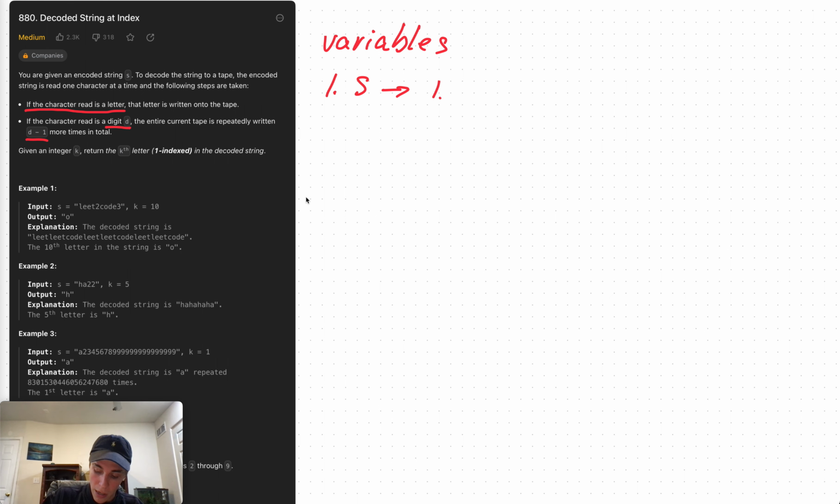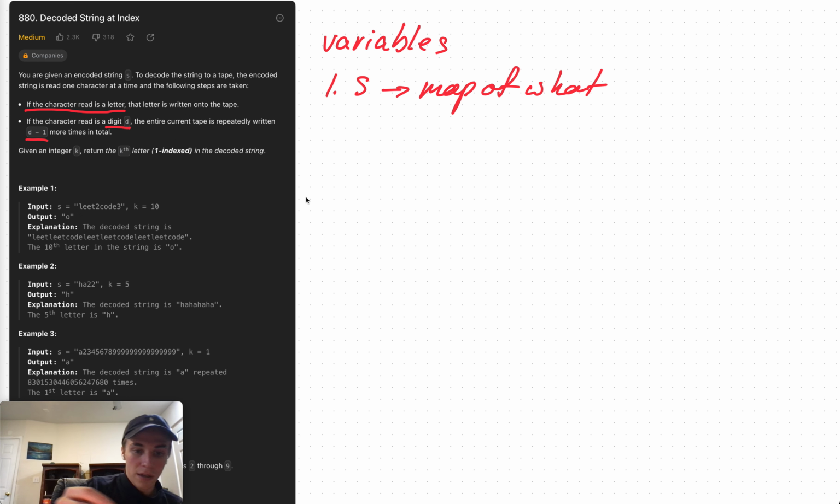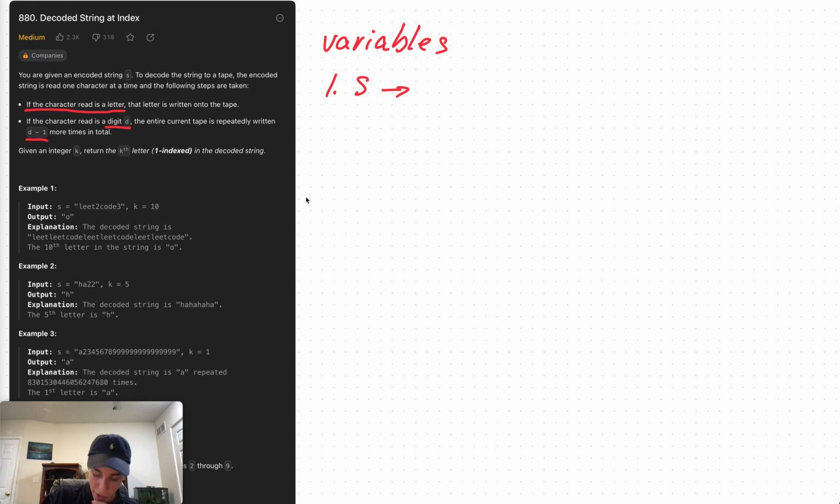Purpose number one is it serves as kind of like the control center, but also a map of what direction to take when we're trying to find the kth character.